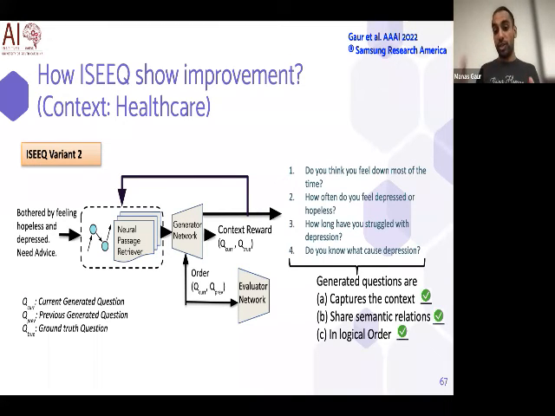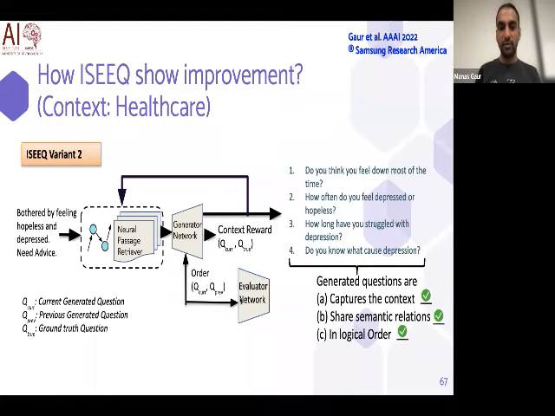But if the second question contradicts the first question, then they have a contradictory relationship. So in a very intuitive sense, what do we want to minimize? We want to minimize the generation of neutral and contradictory questions, and the questions which are in entailment with each other should be generated. That means it introduces the order, and that becomes an evaluator network.